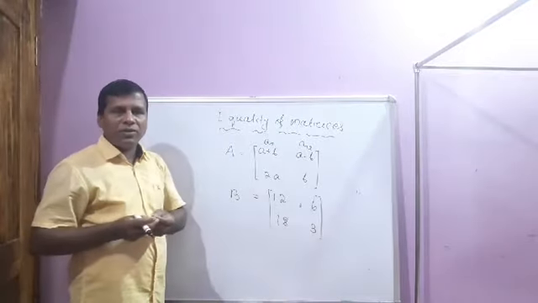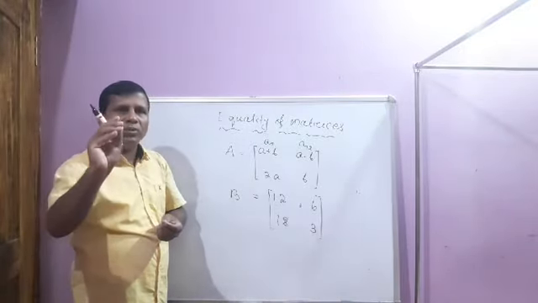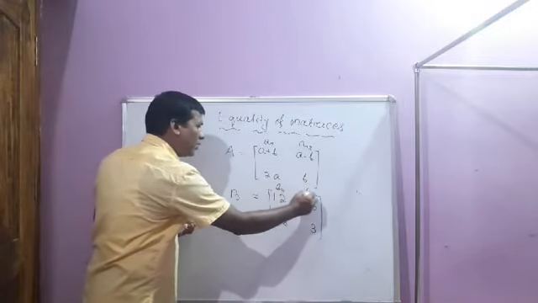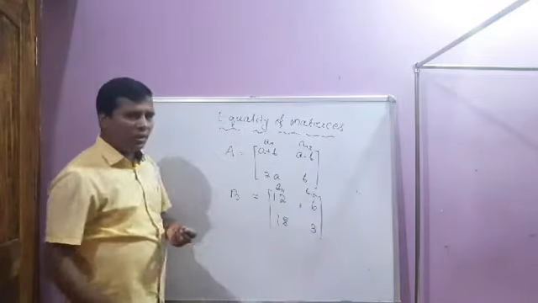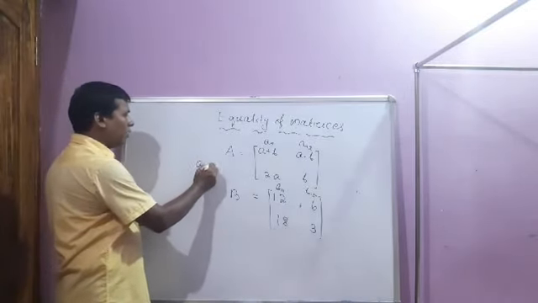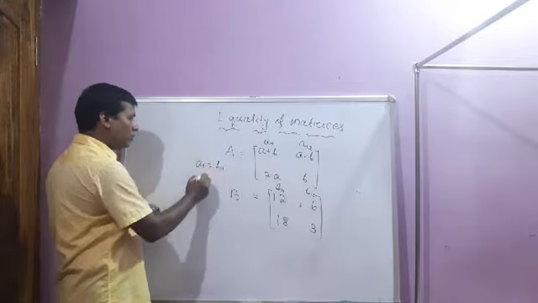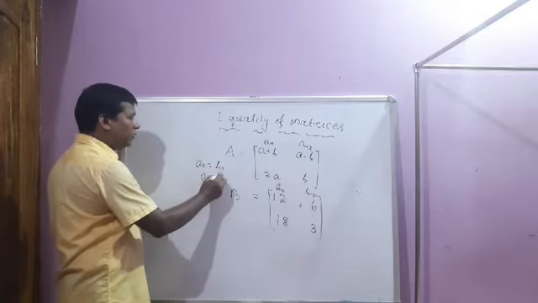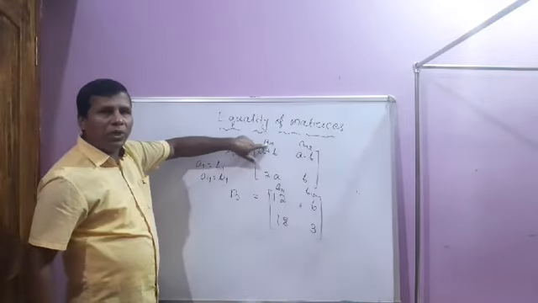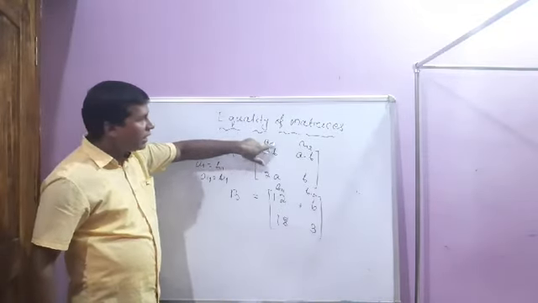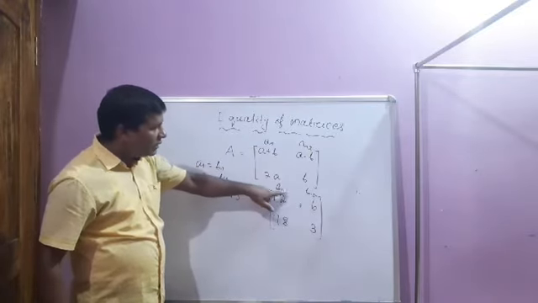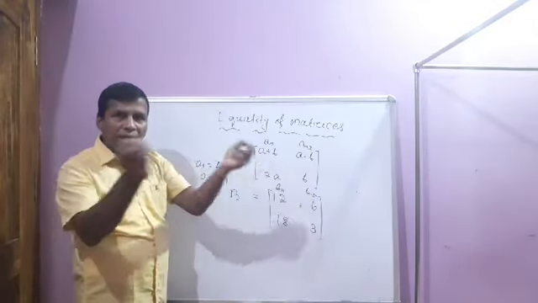According to our definition, Aij is equal to Bij. So this value is equal to B11 and B12. Dear students, clear? The definition says that A11 is equal to B11, so Aij is equal to Bij. So this position A11, Aij and Aij is equal to Bij and Bij, they are equal to each other.